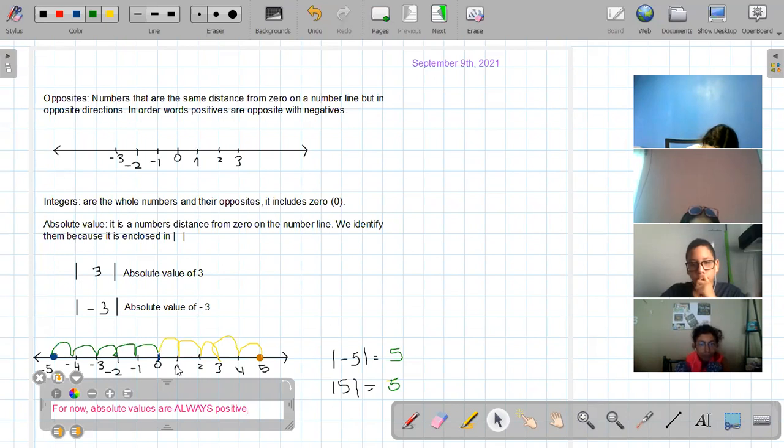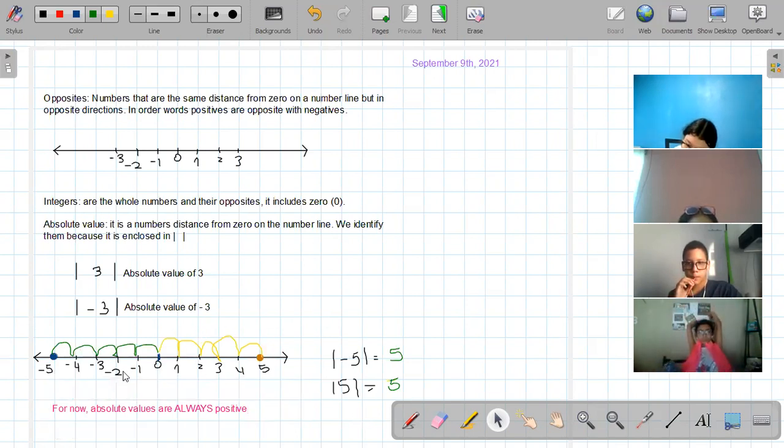Okay, so absolute values also help us find distances, okay? How can we find distance? By using the number line and using absolute value. So if I ask the distance between -5 and 5, how much is that? Well, you know that from -5 to 0, it is 5. And from 0 to 5, it is also 5.